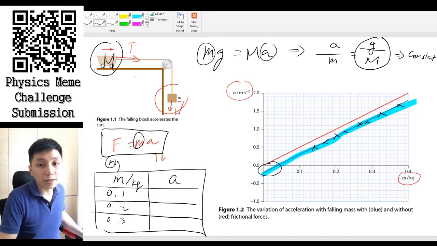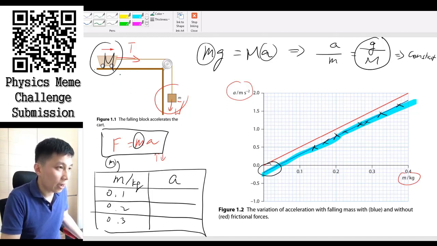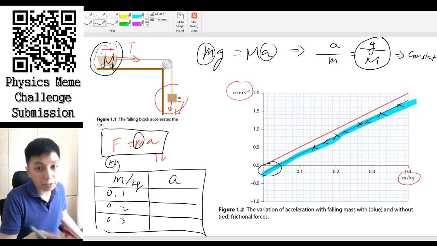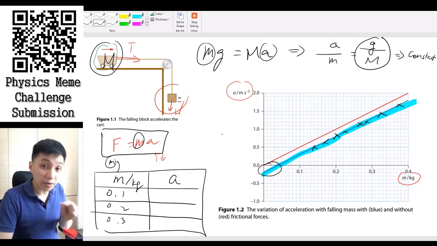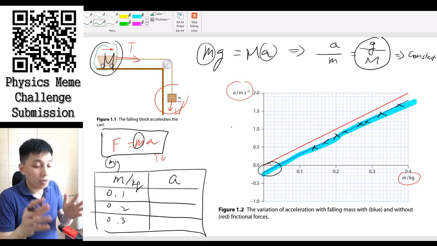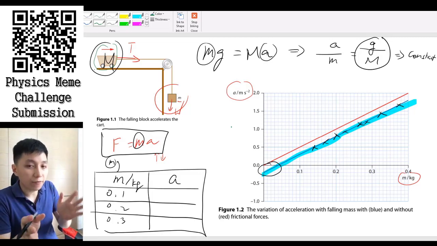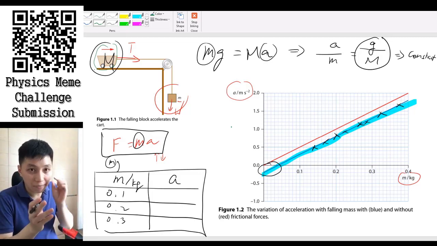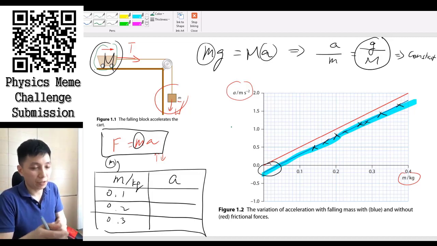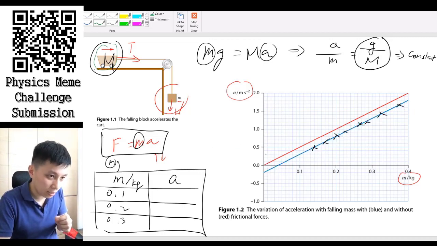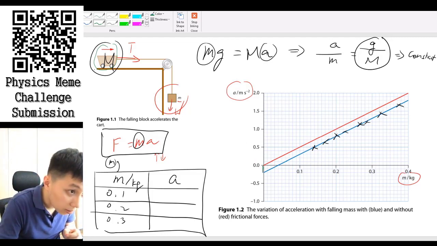Alright, so the answer is actually friction. Very simple, isn't it? So you can take it as, whenever this is moving, there must be some friction, as you have learned in mechanics. The best part of this is that from the graph, you can estimate the exact magnitude of the friction, by looking right here.